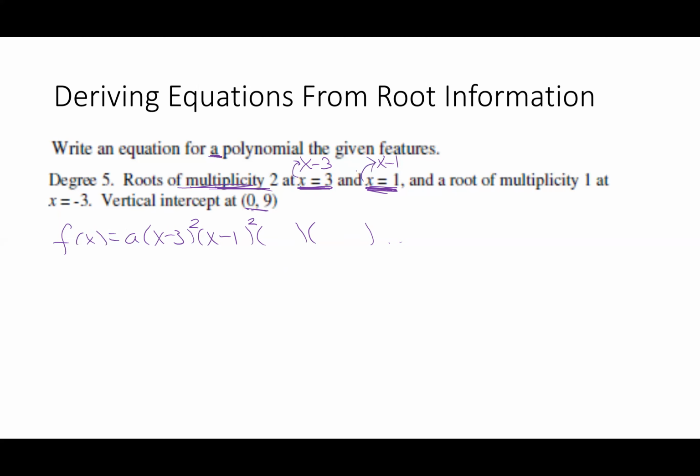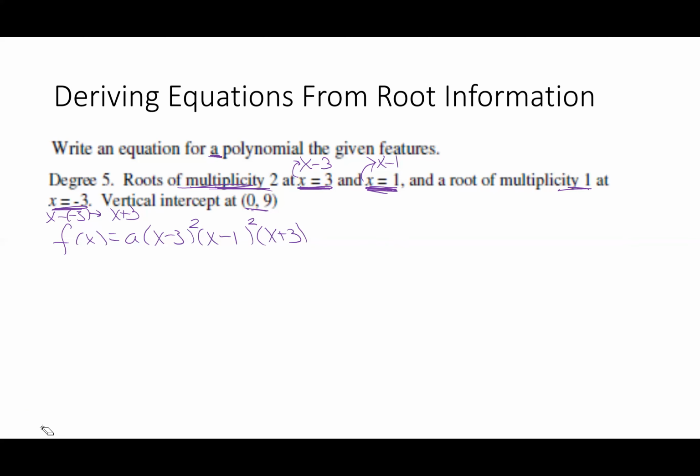And now I've got a root of multiplicity 1, so we know this factor is going to have a multiplicity of 1 at x equals negative 3. So same thing here. If x equals h, this is going to be x minus negative 3, which we know is just going to be x plus 3. And it doesn't tell me anything else about any other roots, so I'm just going to go ahead and get rid of this. And I'm not going to write the 1 there because that's silly.